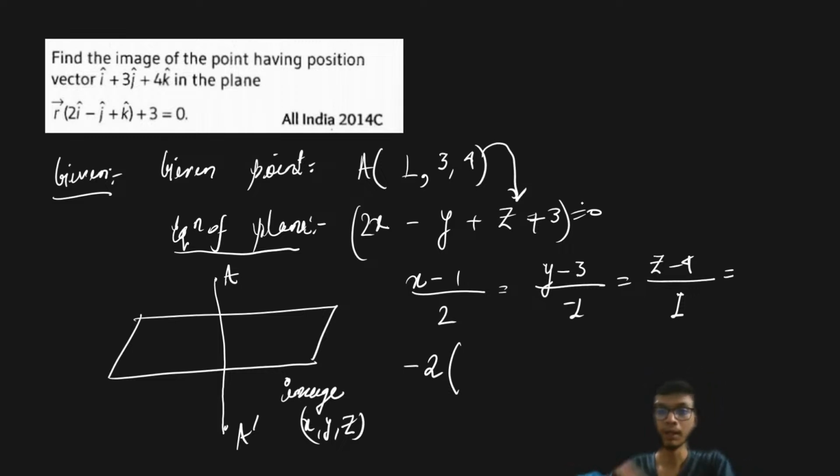Don't equate it to 0. We just need to put the value into the expression and see what we get. So we put 1 comma 3 comma 4 into the equation of the plane, and we get 2 minus 3 plus 4 plus 3, right?